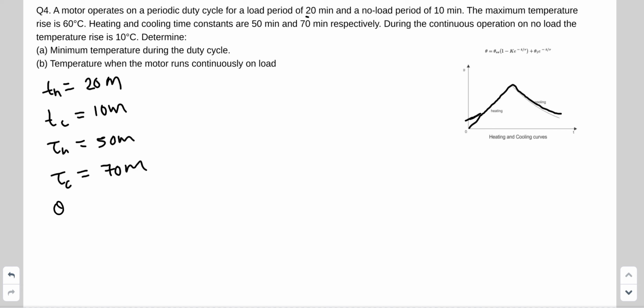So theta max is equals to 60 degree Celsius, and also the steady state value of cooling is given as 10 degrees Celsius.